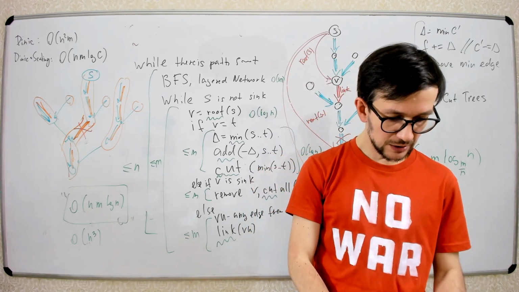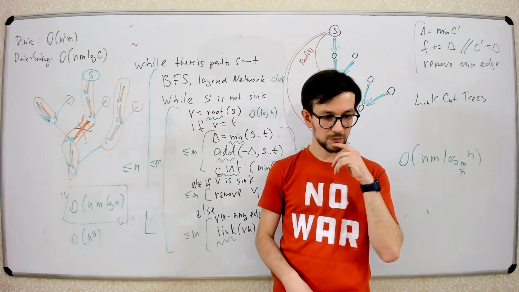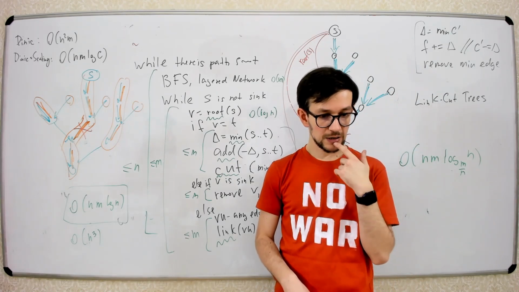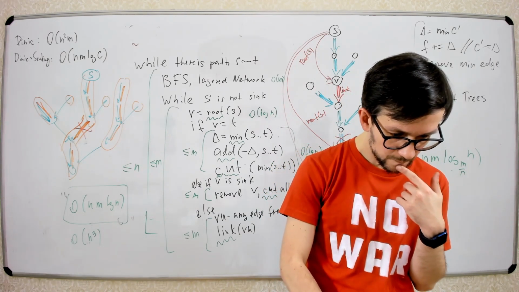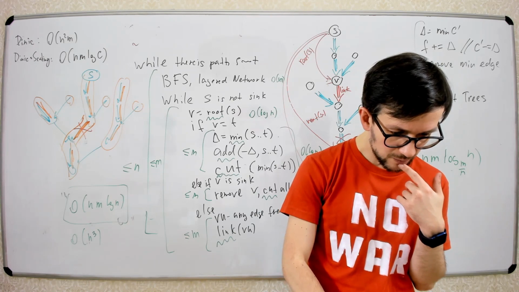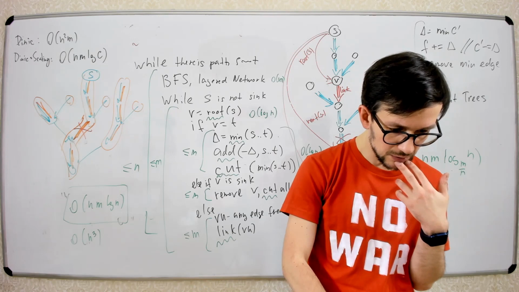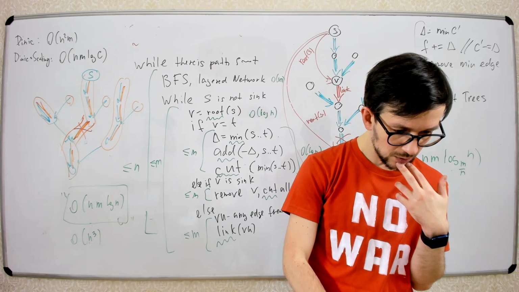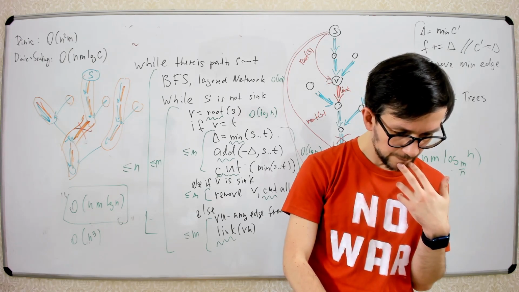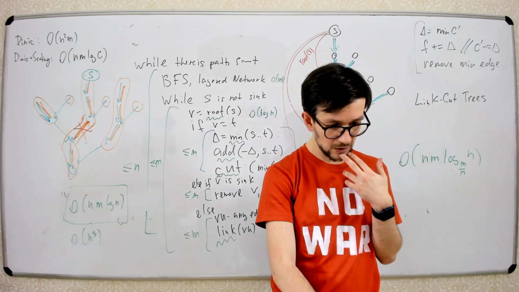Sleator and Tarjan invented all this link-cut tree data structure, and I believe in this paper they actually showed that it can be used here. Maybe there is no special name for this algorithm. Maybe it's just Dinic's algorithm with link-cut trees. Yes, I think that's the case.